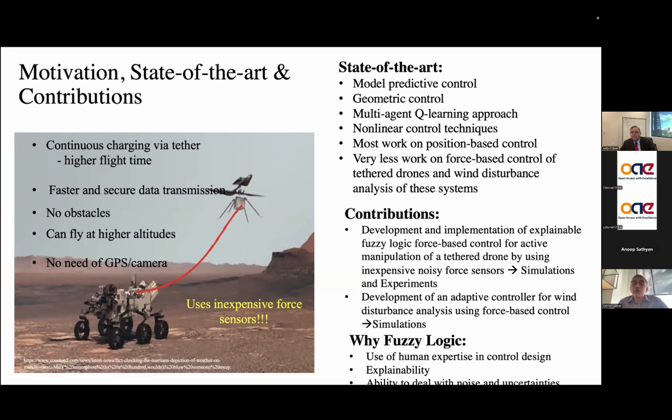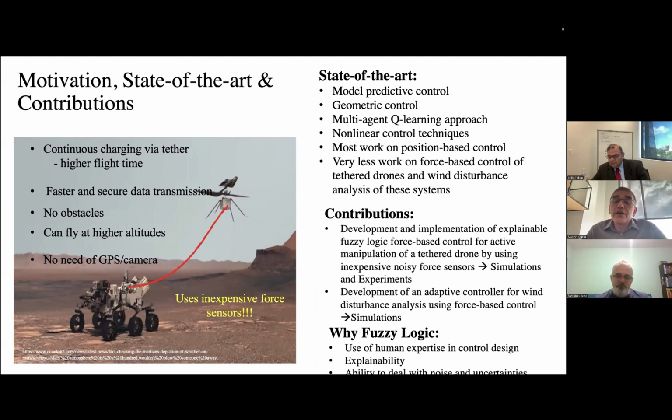And the fuzzy logic, of course, provides several advantages, particularly for use in here. And of course, we can develop this kind of compliant mechanism just by thinking about the heuristics involved over here. So that gives an advantage of using human expertise in control design.